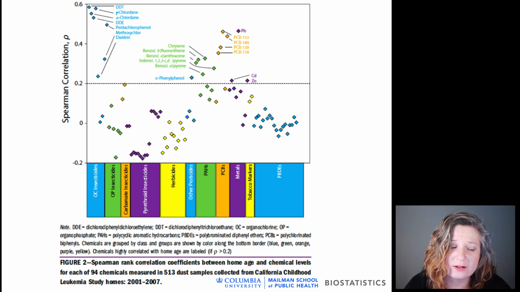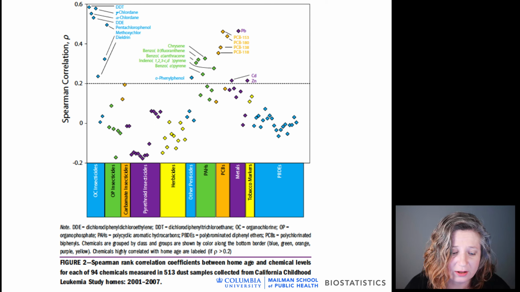You can see that the first OC insecticide has the highest correlation of 0.6, and that first one is DDT. Additionally, they plotted a line at 0.2, so we can easily see those correlations that are higher than 0.2 and thus considered meaningful or significant.